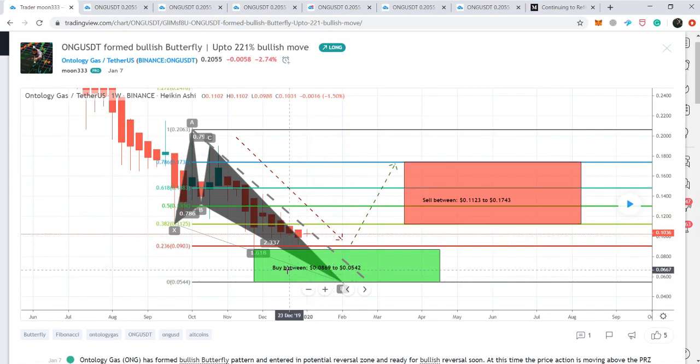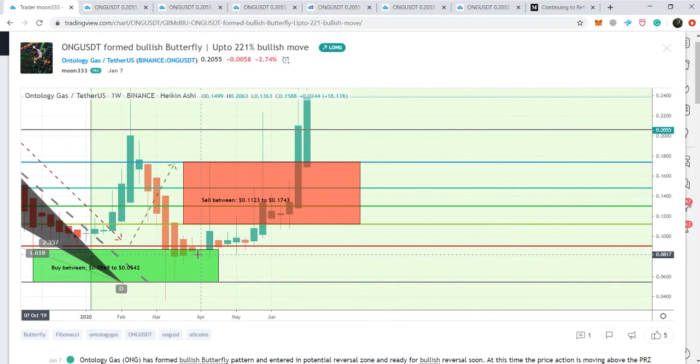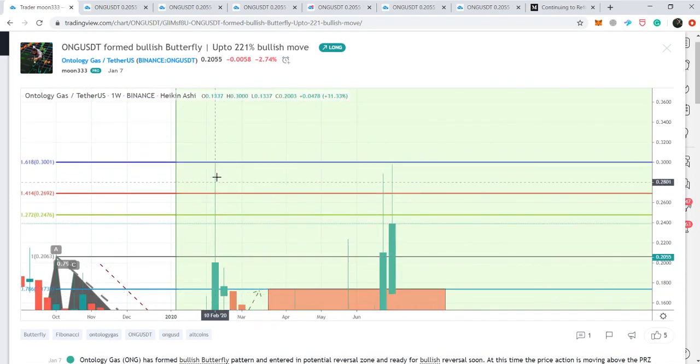When I posted this chart, after completing this leg the price action was moving above this potential reversal zone. At that time, the price was 10.3 cents, and I'm just playing this chart. The price action turned bullish, and as per the Fibonacci sequence, as I predicted, it moved up to 30 cents.